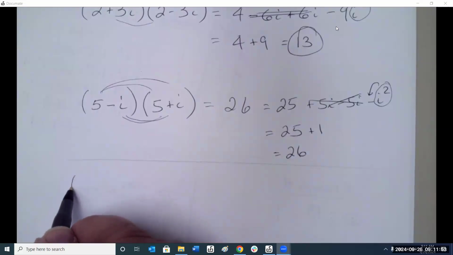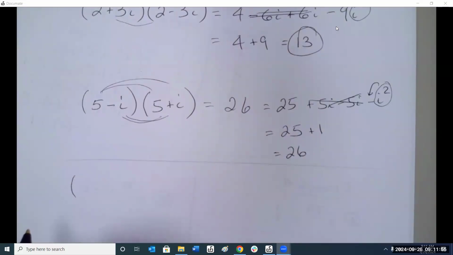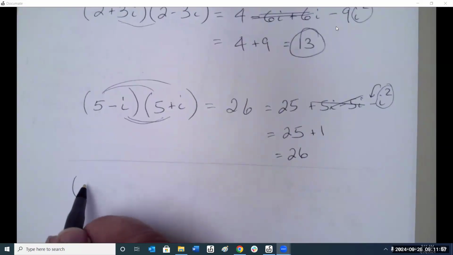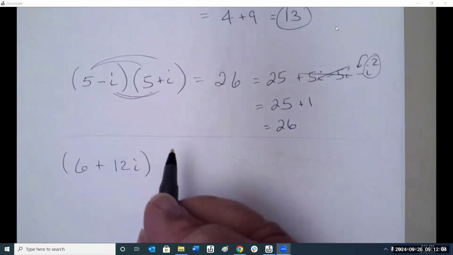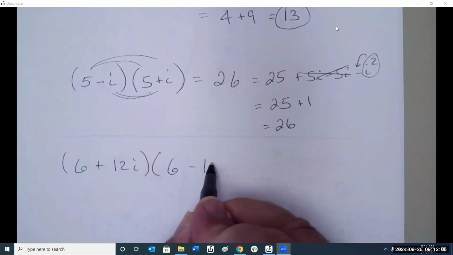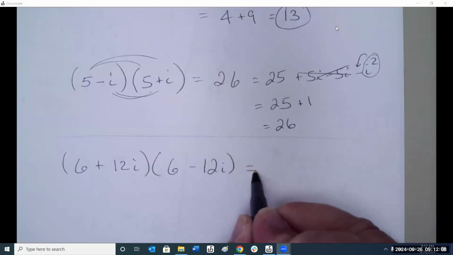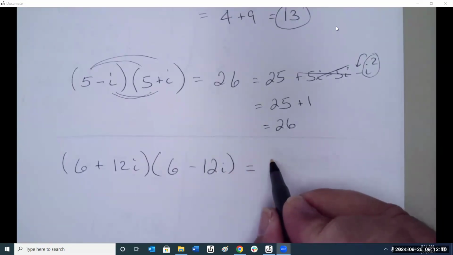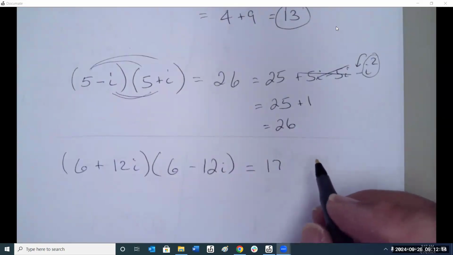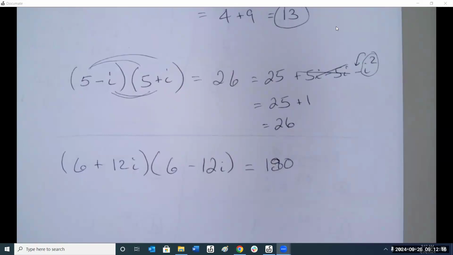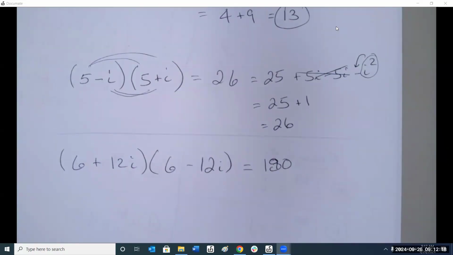So give me two numbers. Well, 6 plus 12i. So if I multiply it by 6 minus 12i, it'll equal 180.